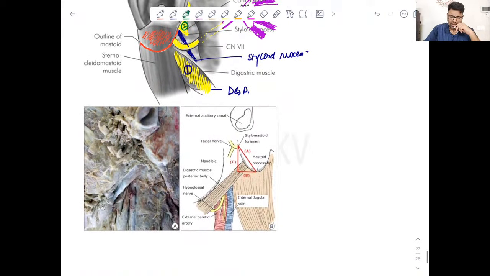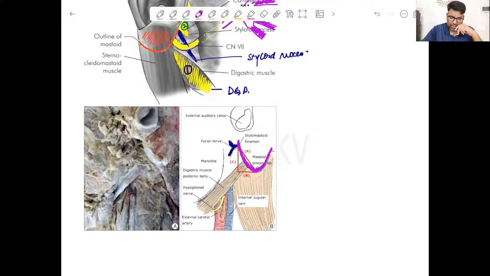Again, on the right side in the image, you can see this one is the facial nerve. Okay, and then this is the territory of the mastoid process.